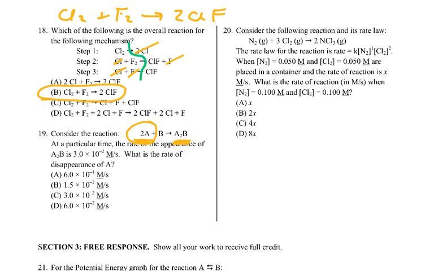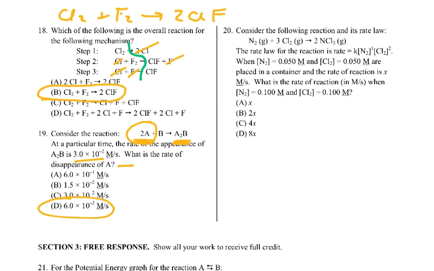Now, we're not worried about signs because we're using the words appearance and disappearance. So the rate of A is going to be twice the rate of A2B. So instead of 3 times 10 to the minus 2, I'm looking for 6 times 10 to the minus 2, and that is answer D.